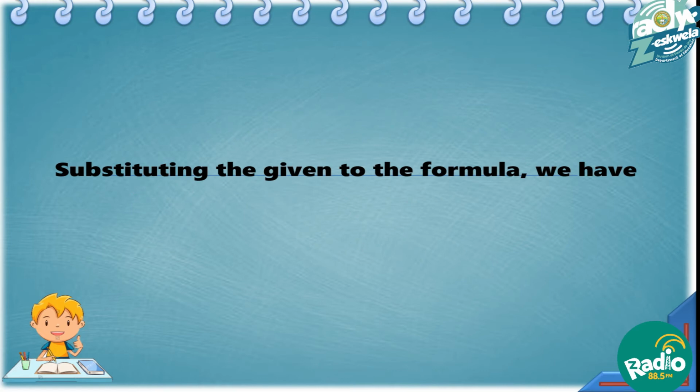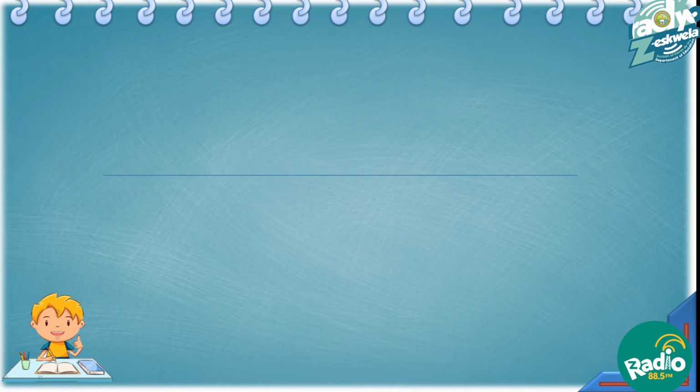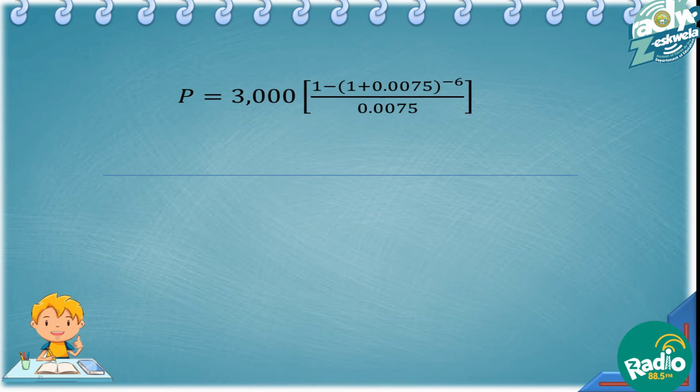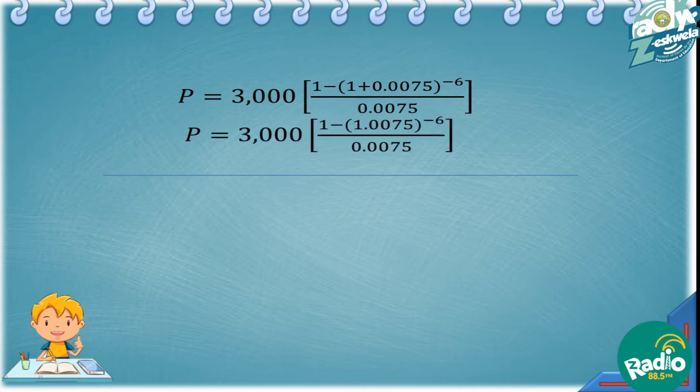Substituting the givens to the formula, we have P is equal to 3,000 times the quantity of 1 minus the quantity of 1 plus 0.0075 raised to the power of negative 6, all over 0.0075.